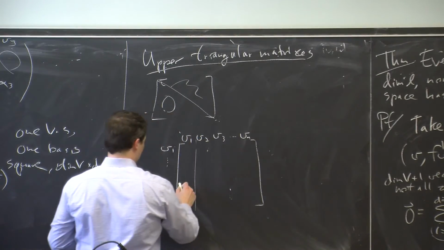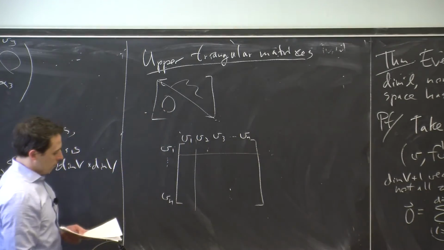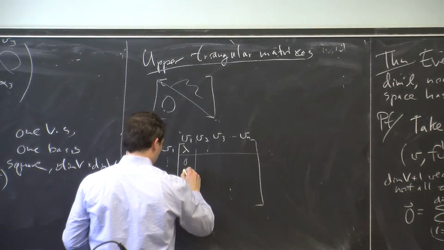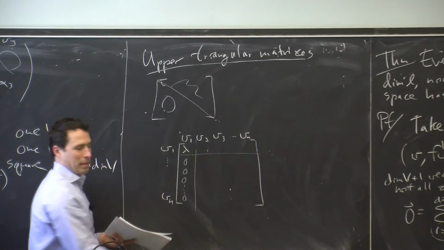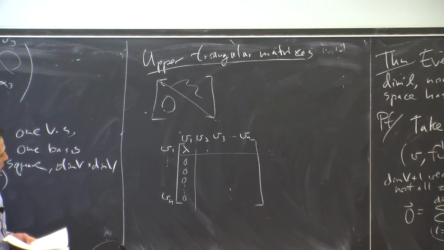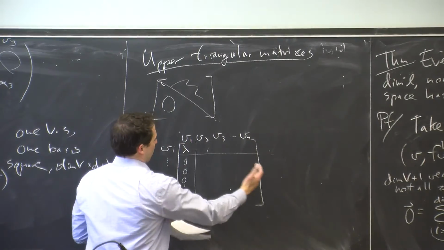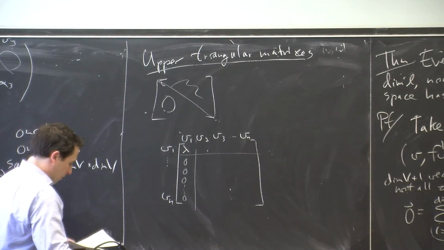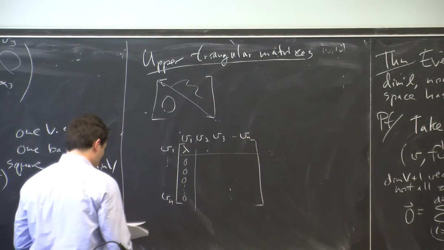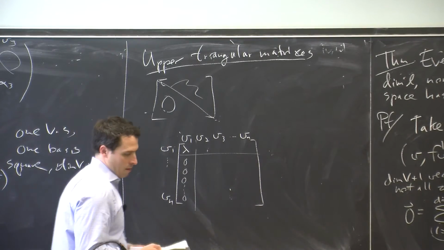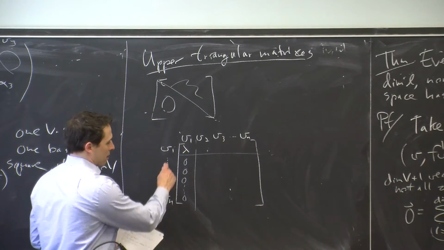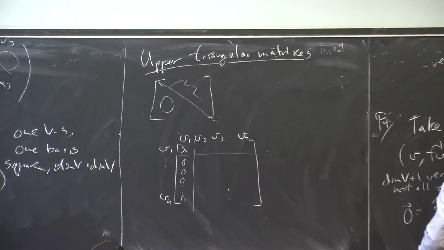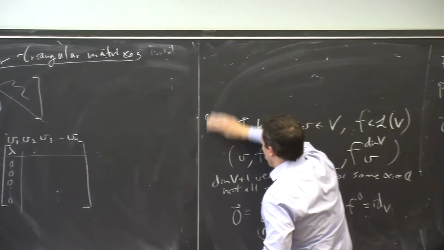If we look at the first column and ignore what's happening everywhere else, we'd like to put a number here and then zeros everywhere else in the first column. For the rest of the matrix, we don't care what happens. That's a first step toward an upper triangular matrix. Then we want to iterate the logic behind that to build something which is upper triangular everywhere. So let's characterize what it means to be upper triangular, and then we'll show that every linear operator has a basis which makes it upper triangular.